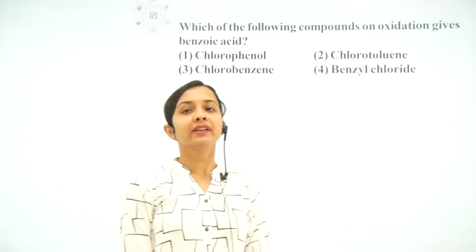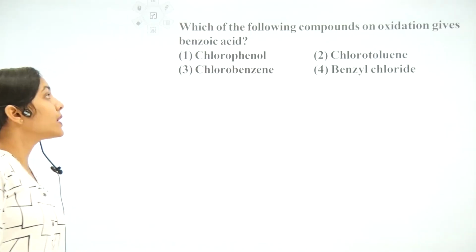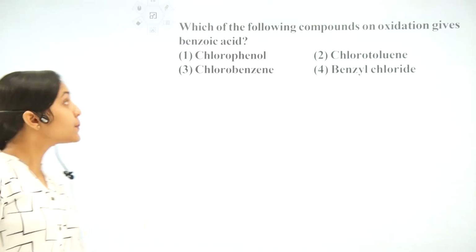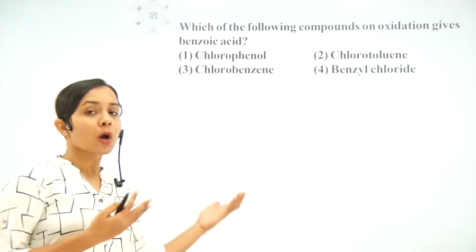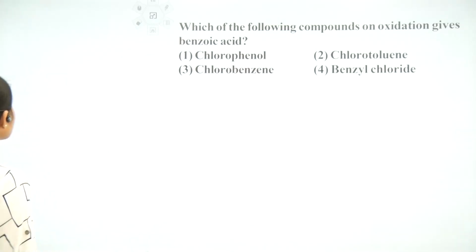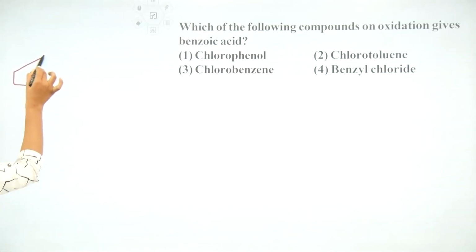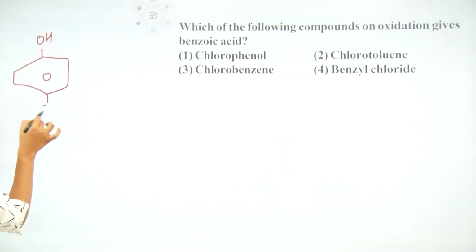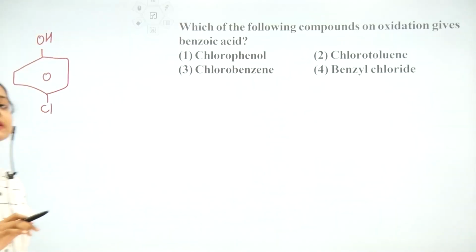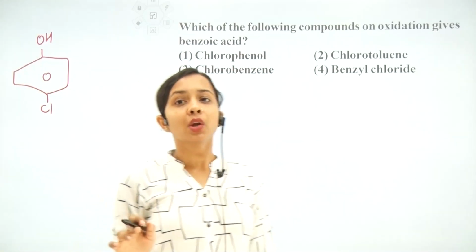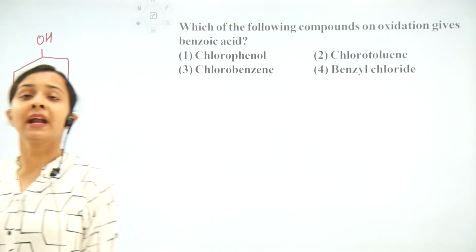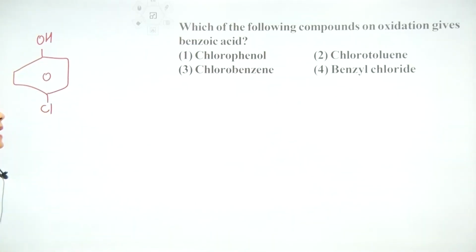Hello dear students, so our next question is, which of the following compounds on oxidation gives benzoic acid, right? So first of all we have our first option, this is chlorophenol. This chlorophenol on oxidation will not give us benzoic acid, because here no carbon atom is attached to this benzene ring, right? Second one is chlorotoluene.